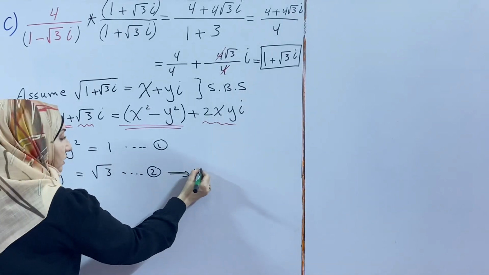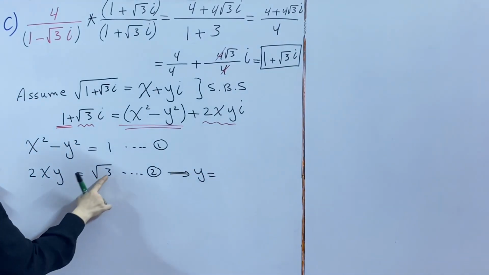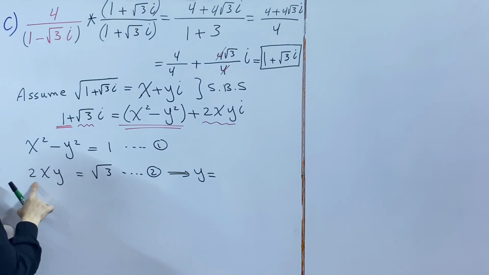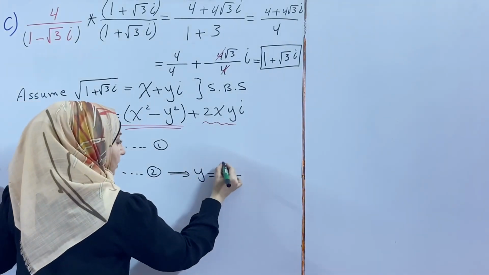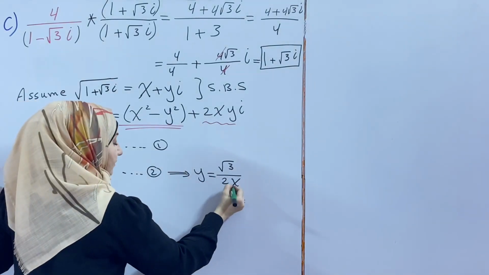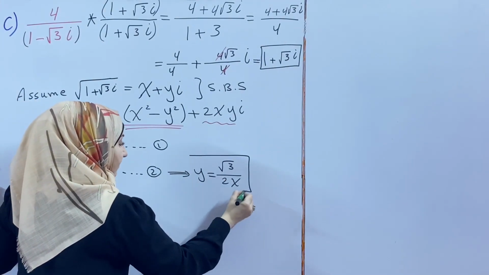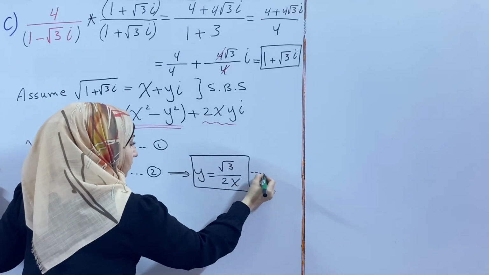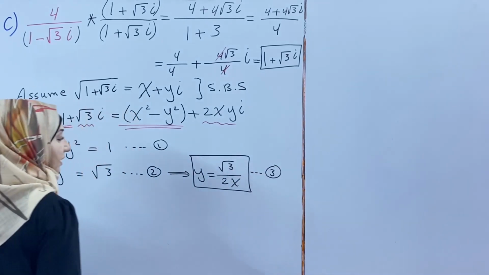I want to find the value of y in terms of x from 2. Y equals square root of 3 divided by 2x. So this is the value of y. I will call it equation 3.